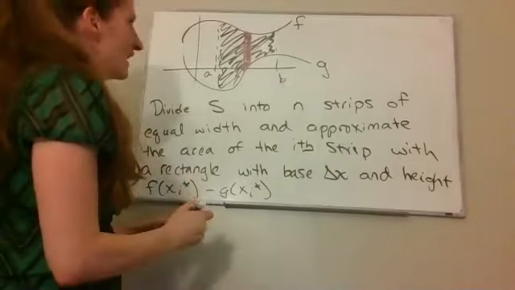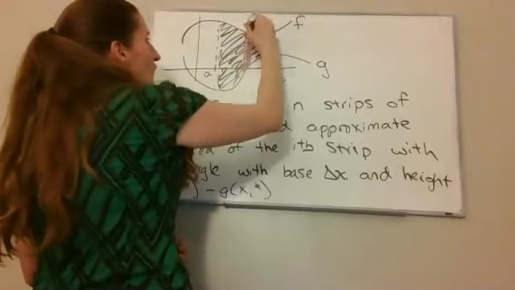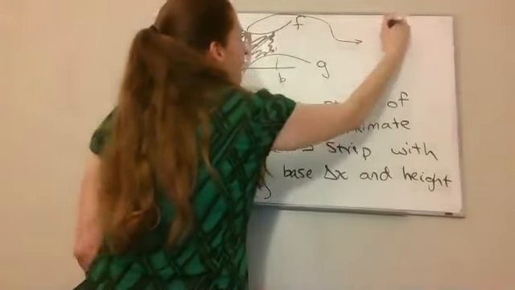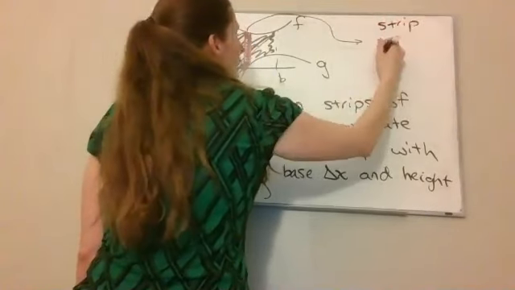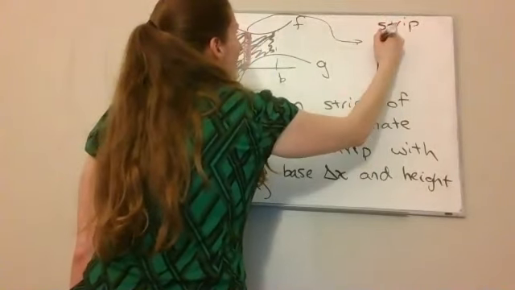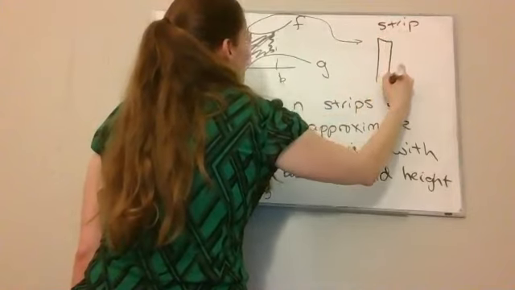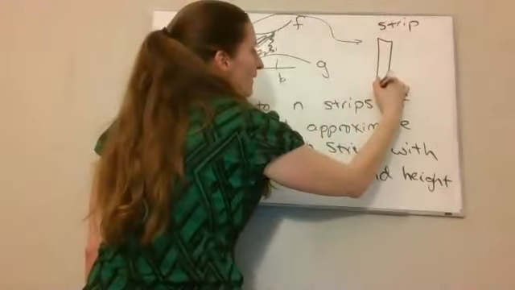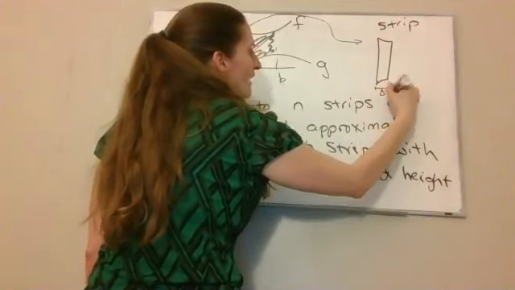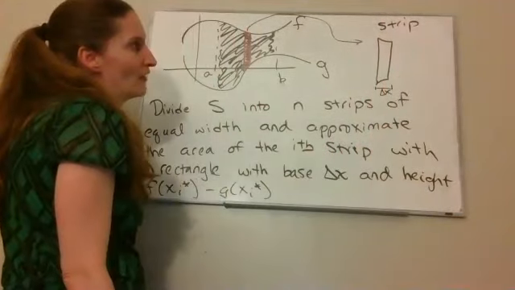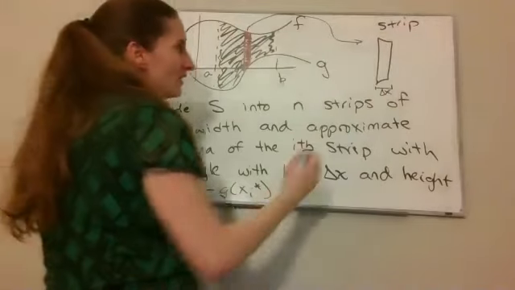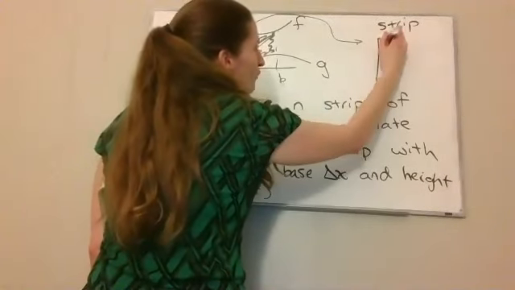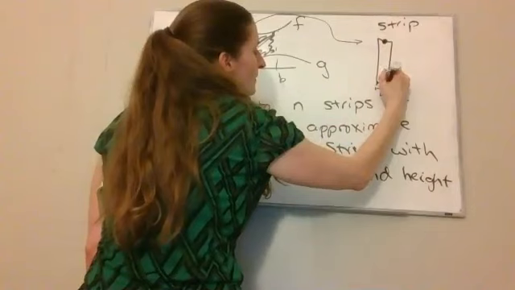So what I'm saying here, let me just draw this strip over on the side here, zoomed in. So our strip looks like this, sort of. This was our strip. We're saying that the width of the strip, we're calling that delta x, the change in our x values. And then we're going to pick some x value, I'll just choose the middle point.